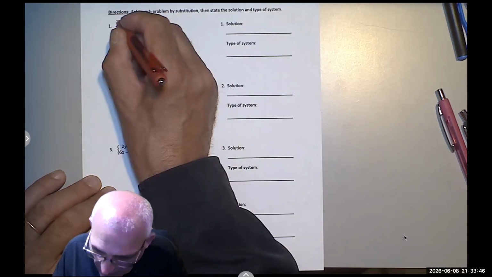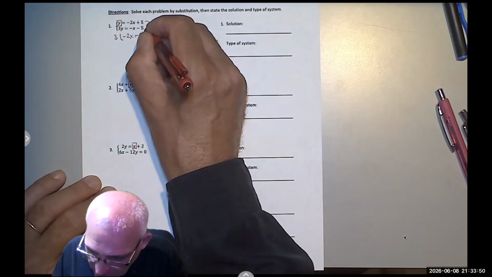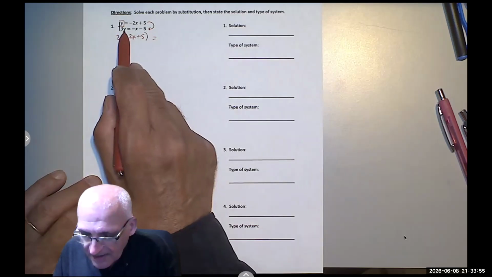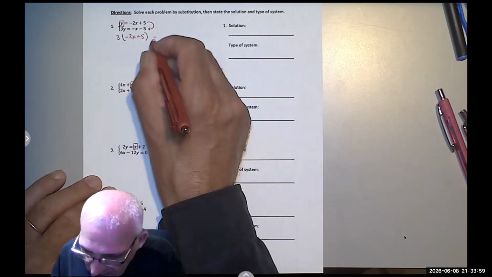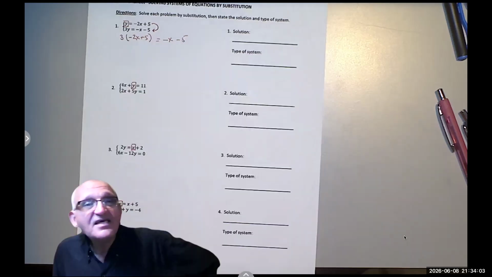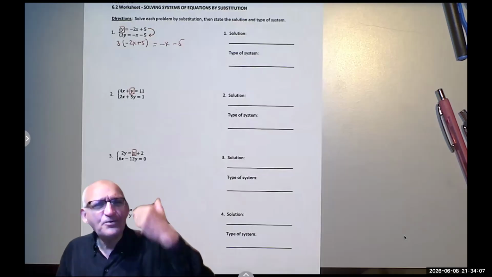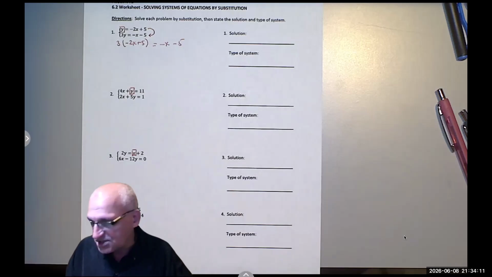So I pick the y, find its value from the first equation, and then substitute it in the second. 3 times y is 3 times the right-hand side, equals negative x minus 5. So you see here what we have? We have only one variable, like the problems we did before when we did multiple step equations.